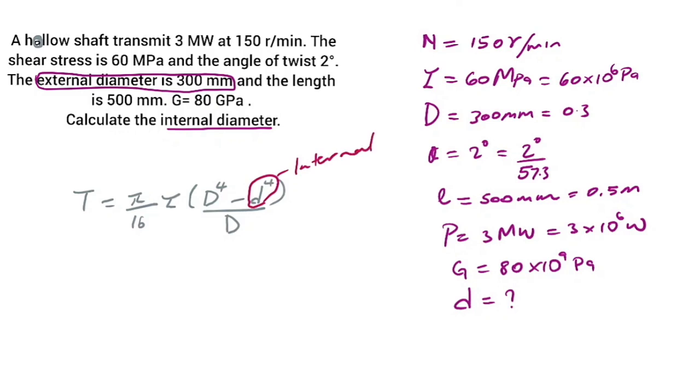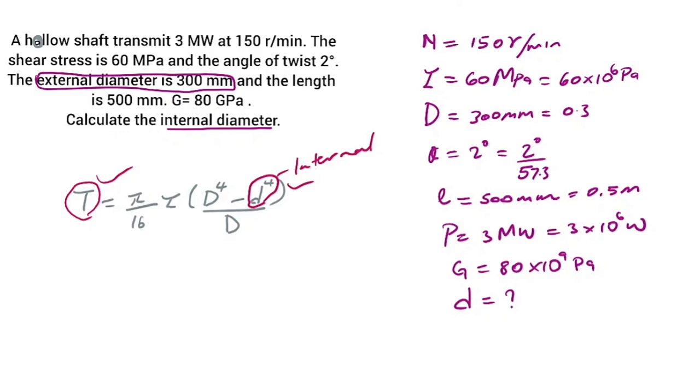But before we find it, you know that there are a lot of unknowns in this equation. This internal diameter is unknown, and also this torque we don't have in the given data from this problem. So we must first find this torque, and then it's going to be easy to plug every piece of information into this formula to find the internal diameter.